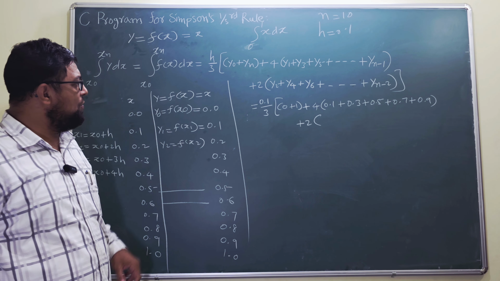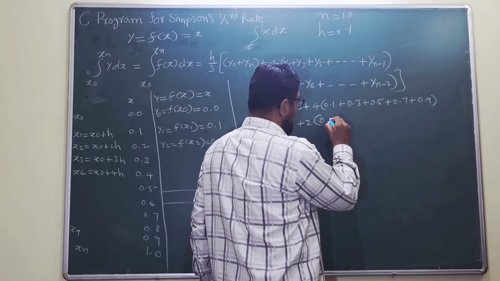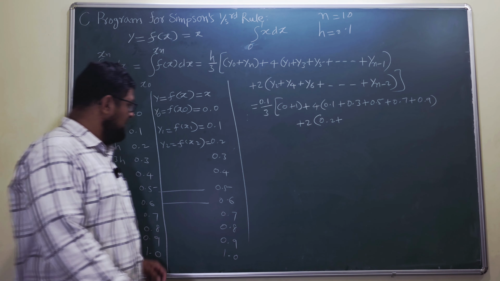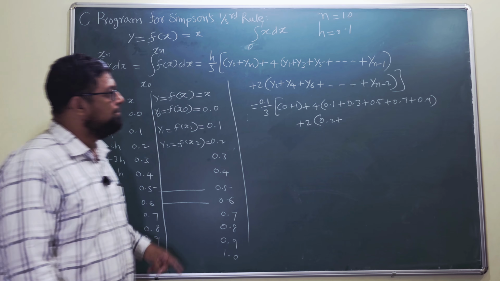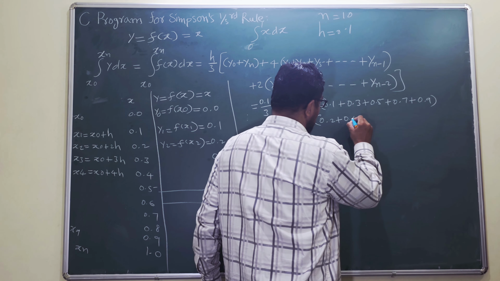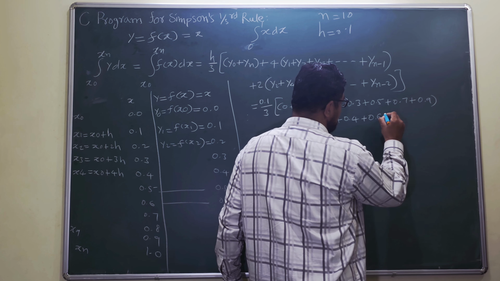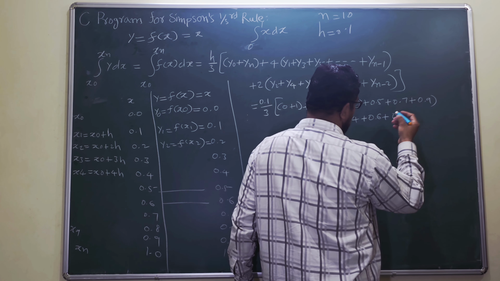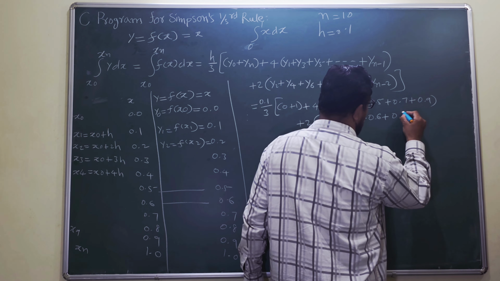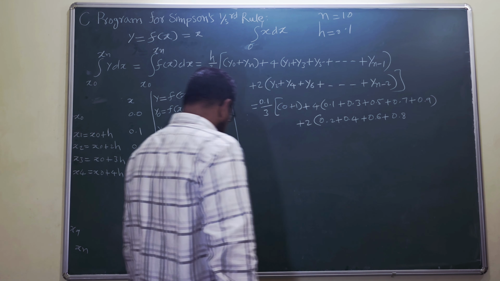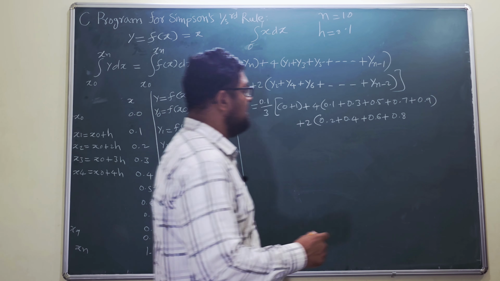The value of y2 is 0.2, plus the value of y4, that is 0.4, then the value of y6, that is 0.6, then y8 is 0.8, and that's all. Till that only we have to substitute these values over here.